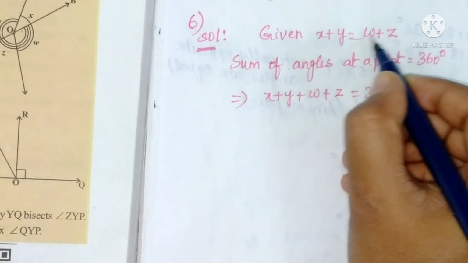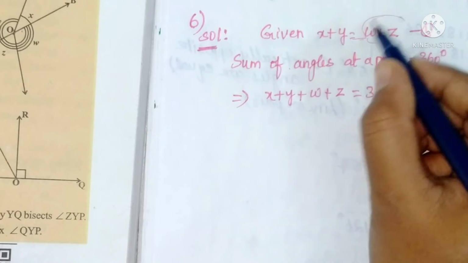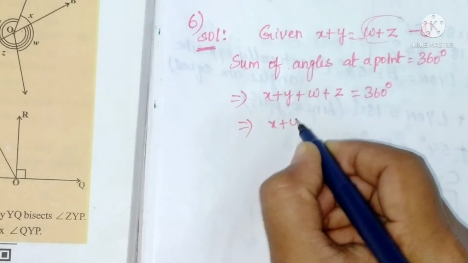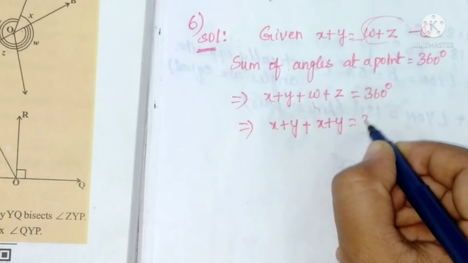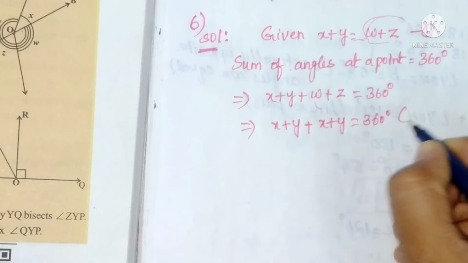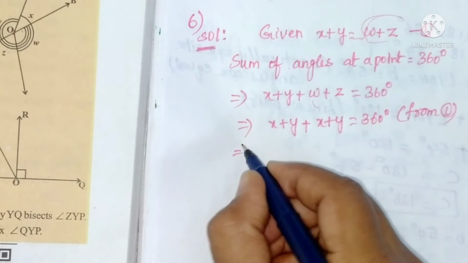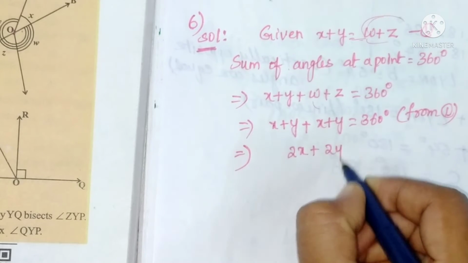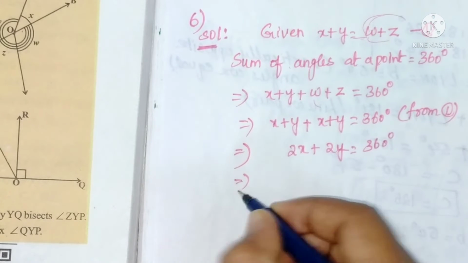But we have x plus y equals w plus z, na. So in the place of w plus z we can write x plus y. So x plus y, and in the place of w plus z we can write x plus y again. Okay. So from 1, x plus x is 2x and y plus y is 2y, equals 360 degrees.